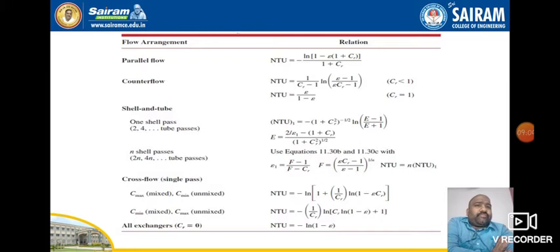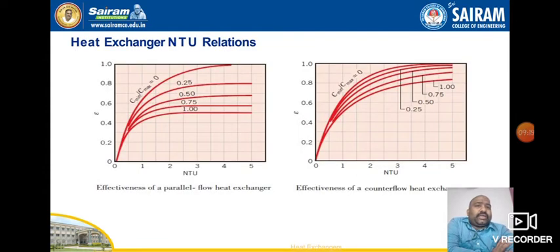These are parallel flow, counterflow, and shell and tube exchangers. For different conditions we also have to observe the NTU and effectiveness of the heat exchangers. And from the effectiveness for a parallel flow heat exchanger, we can find the NTU with the value of effectiveness.